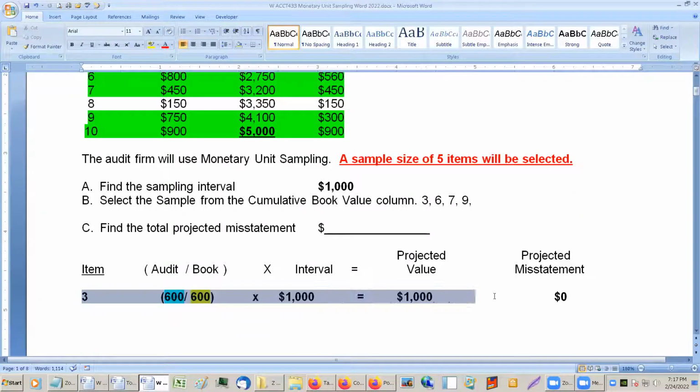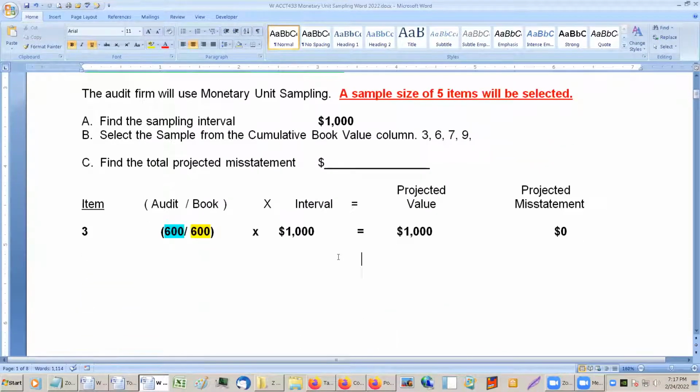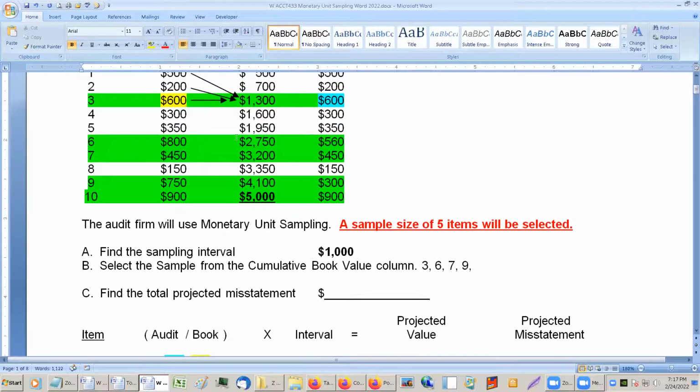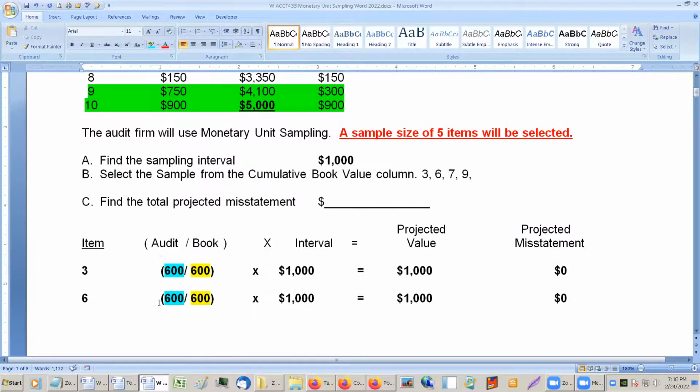Okay. Let me show you how to be lazy. You cut and copy that. Okay, so the next item is item 6.